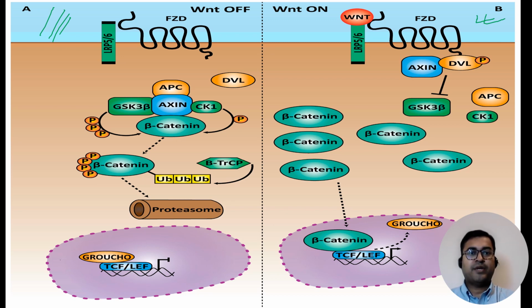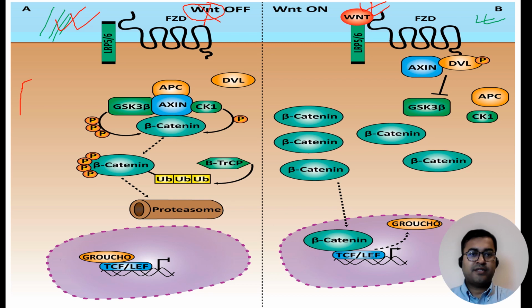The left panel of this diagram shows a case where there is no Wnt, Wnt off, meaning the Wnt ligand is not present. This case is talking about when the Wnt ligand is present. So let us try to understand case 1 first, when there is no Wnt ligand.